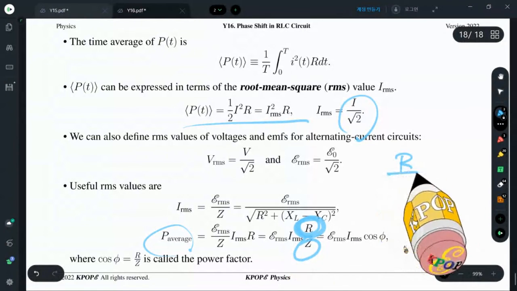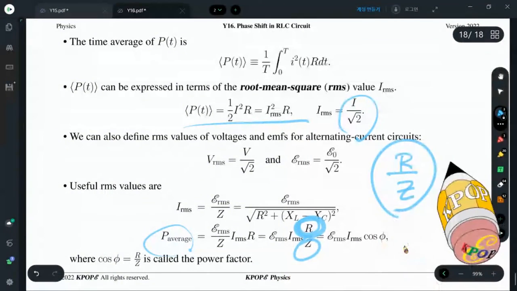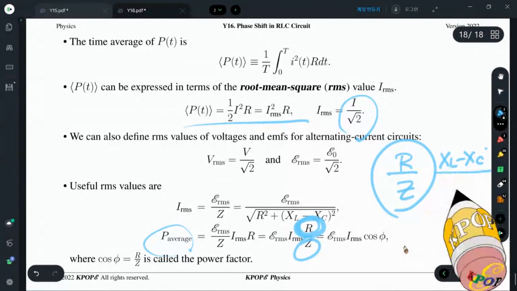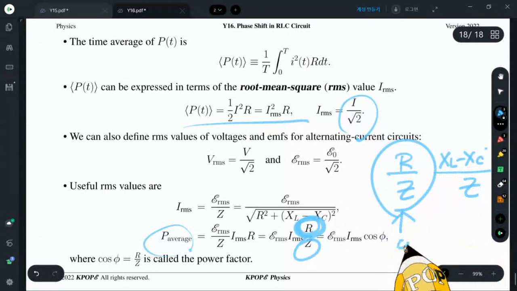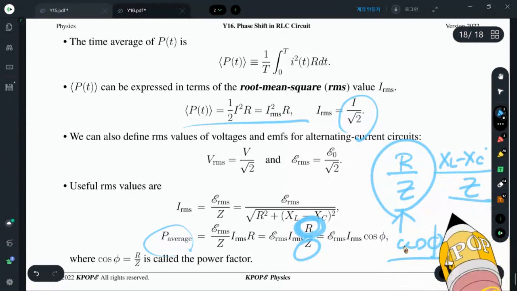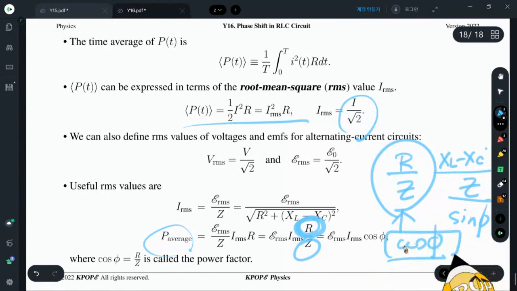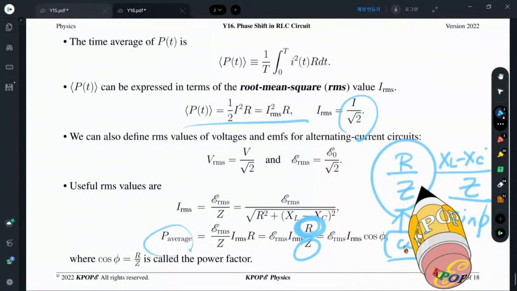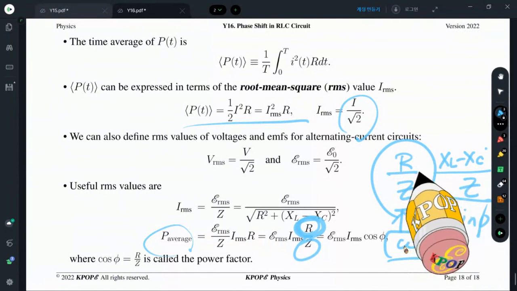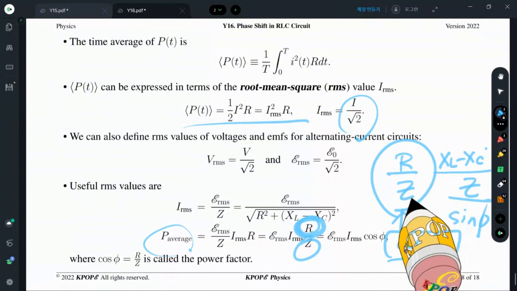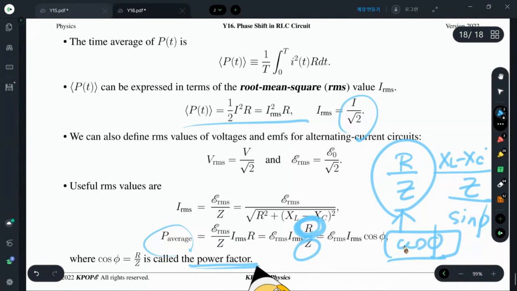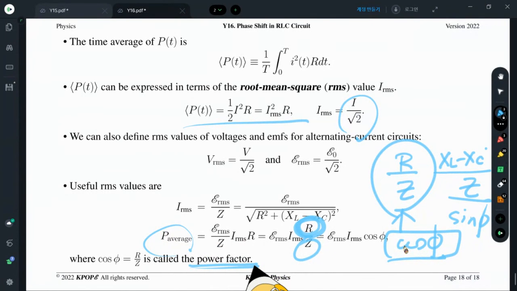You know, real part and imaginary part. This one was cosine and this one was sine. So because this R over impedance, resistive reactance over impedance determines the rate of power. We call this one the power factor. That's it for today.